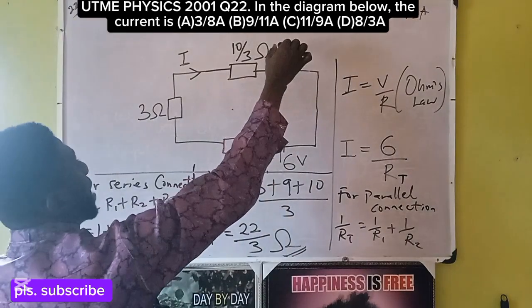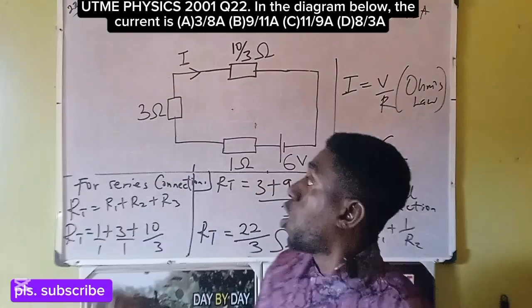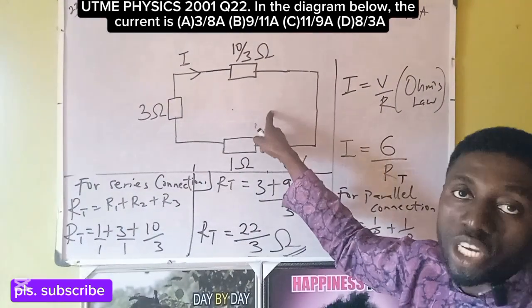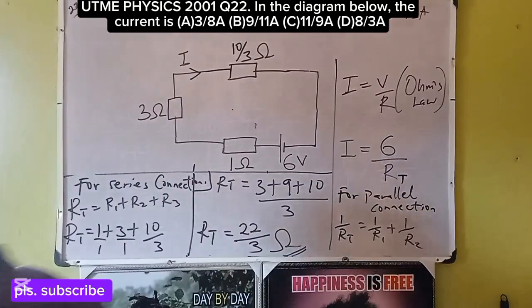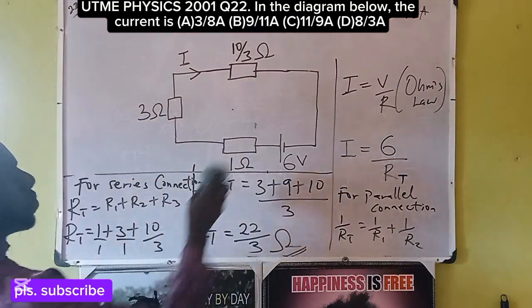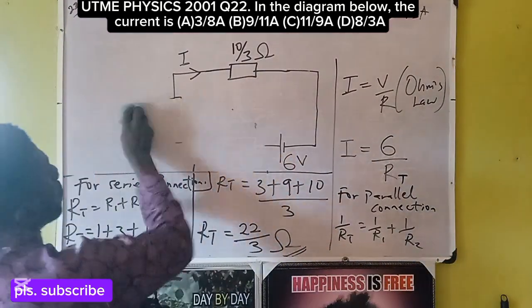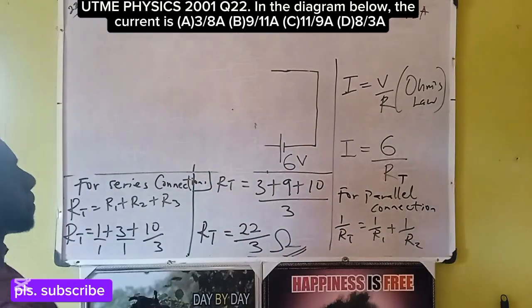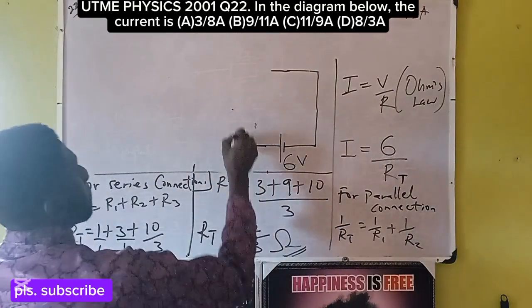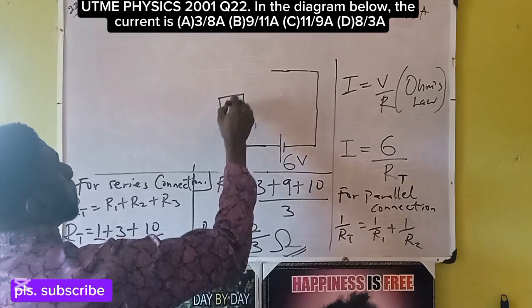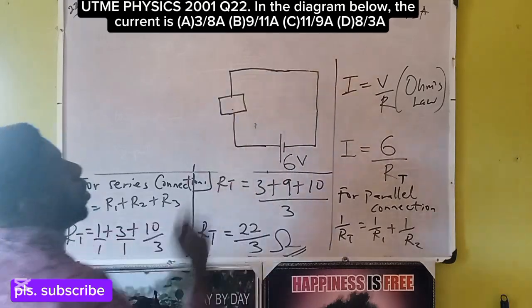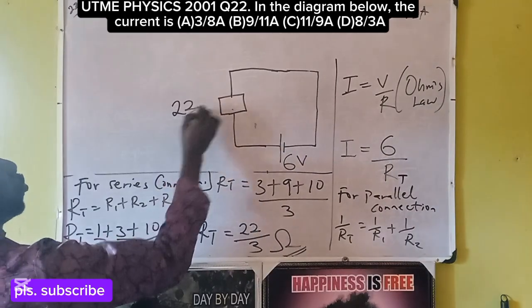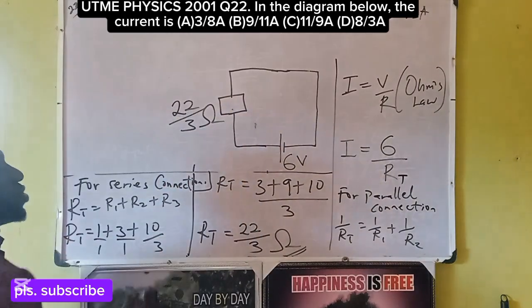All the resistance here now has a single meaning, so the circuit diagram will change. We now have a single resistor, which is 22 over 3 ohms.